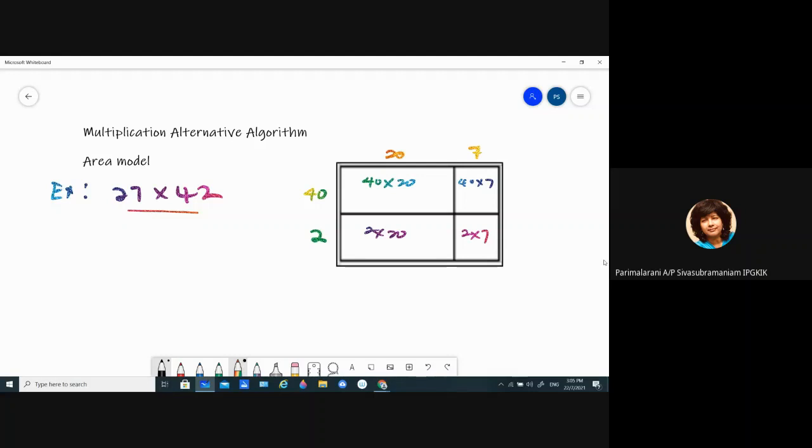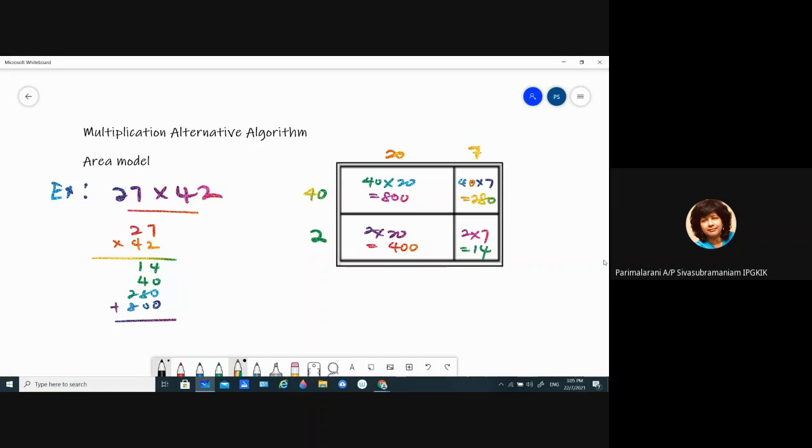If we were to write this out as partial multiplication, we would write 14, 40, 280, 800, the same example that we did just now. 40 times 20 is 800. 2 times 20 is 40. 40 times 7 is 280. 2 times 7 is 14.